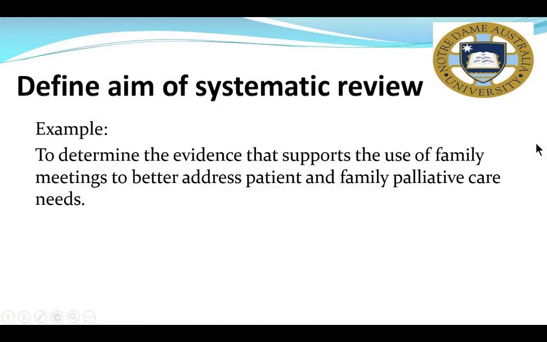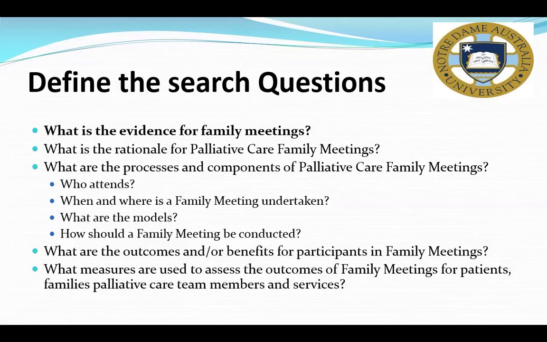So the second process was to define the aim of the systematic review, and it was to determine the evidence that supports the use of family meetings to better address patient and family palliative care needs. Then it was really important to define the search questions, because that was going to guide me in the literature that I was going to be looking for.